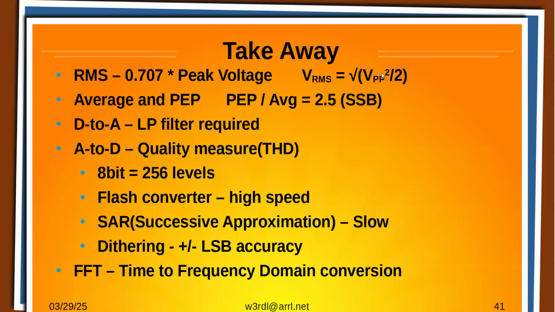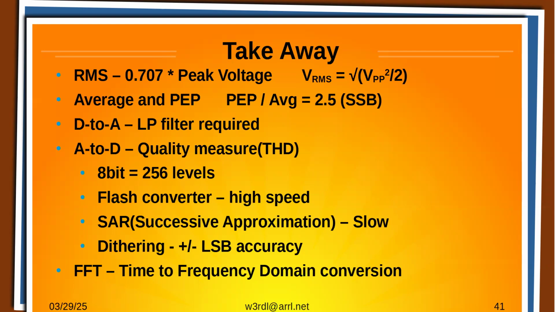Okay, so we learned about RMS again, and average versus peak envelope power, particularly for single sideband and that 2.5 to 1 ratio. That you need a low pass filter for a D to A. Total harmonic distortion is one of the quality measures for an analog to digital converter. The number of bits determines the number of levels and the resolution.